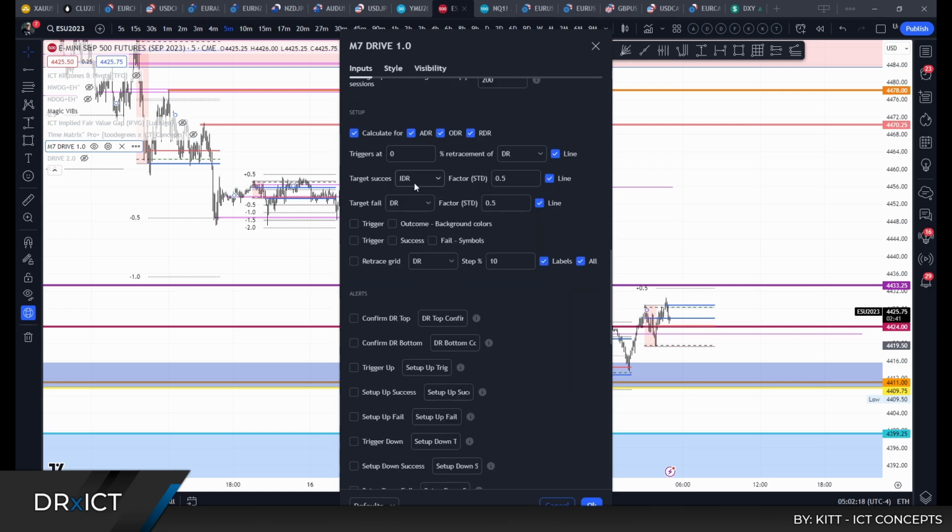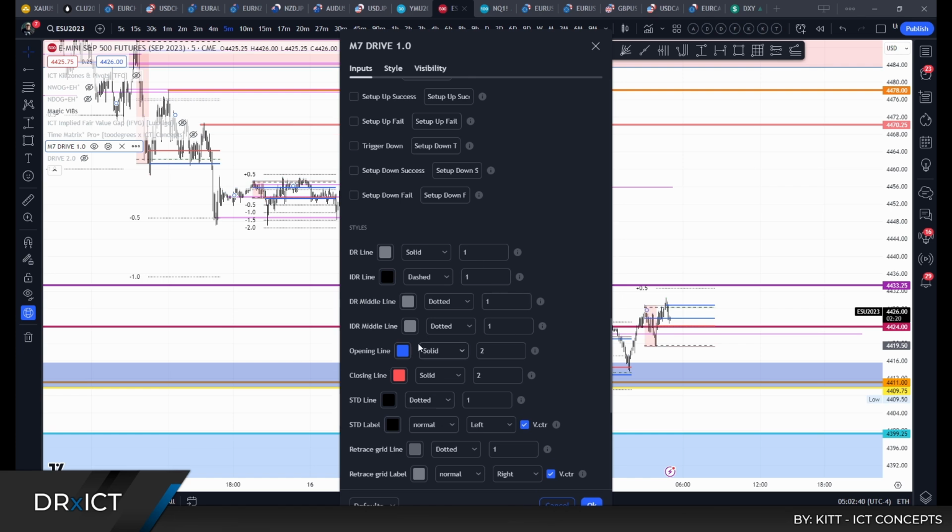Target success typically would be 1 or 1.5 standard deviations. Could even be 1. Target fail would be 50%. 50% line.